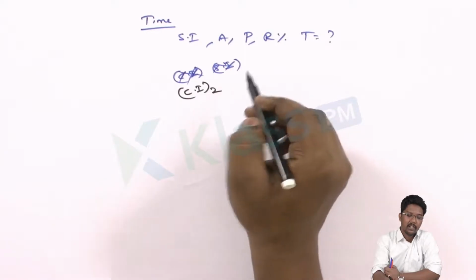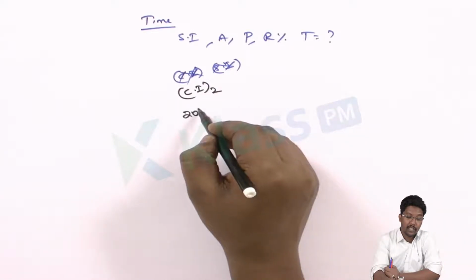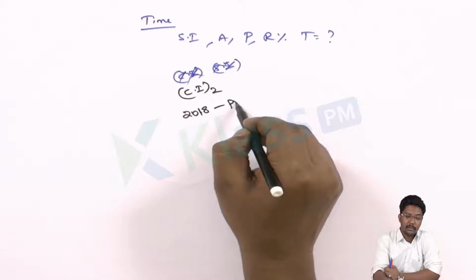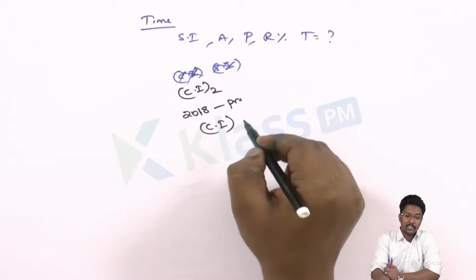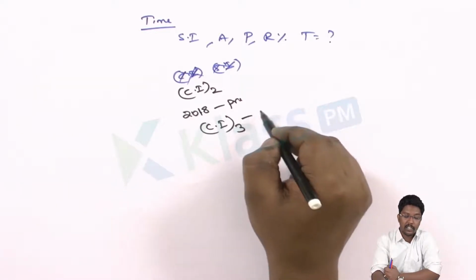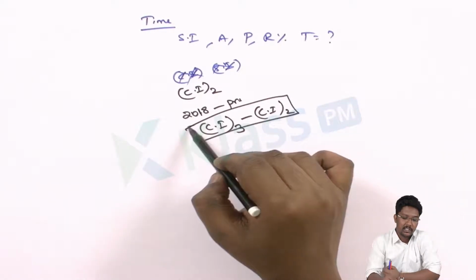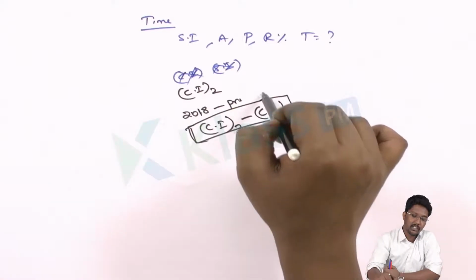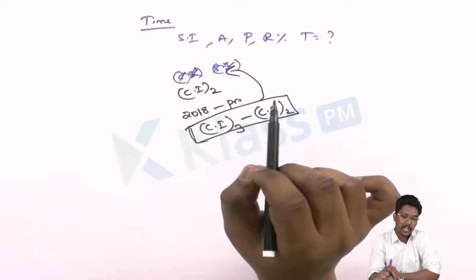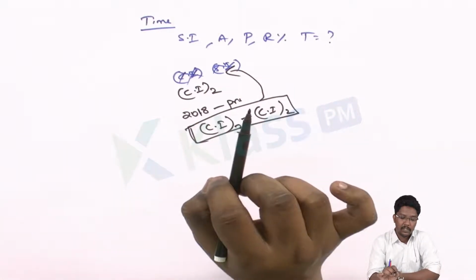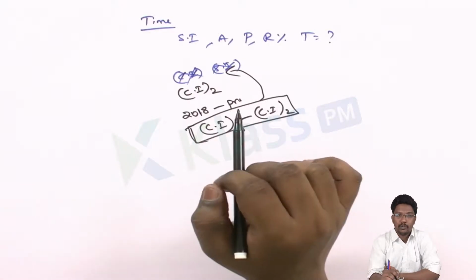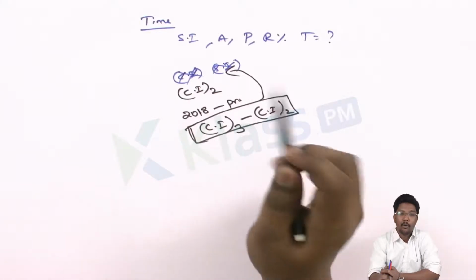In some cases, like the 2016 or 2018 SI prelims, one problem was the difference between compound interest for 3 years and compound interest for 2 years. For the state level examination, he will either ask from compound interest or simple interest, but he will never go from both.